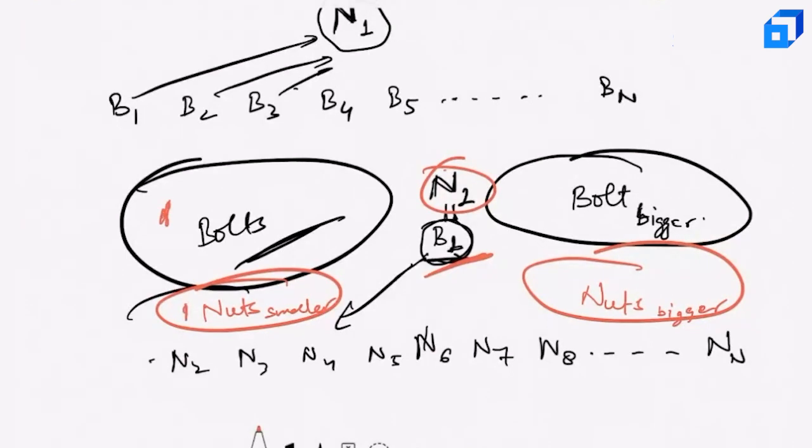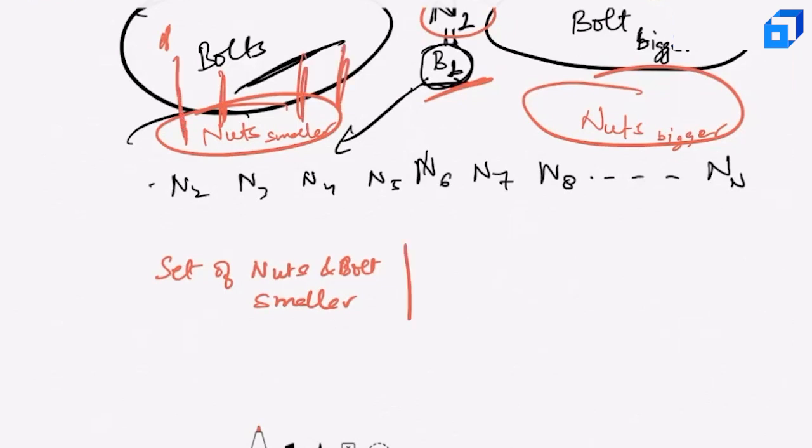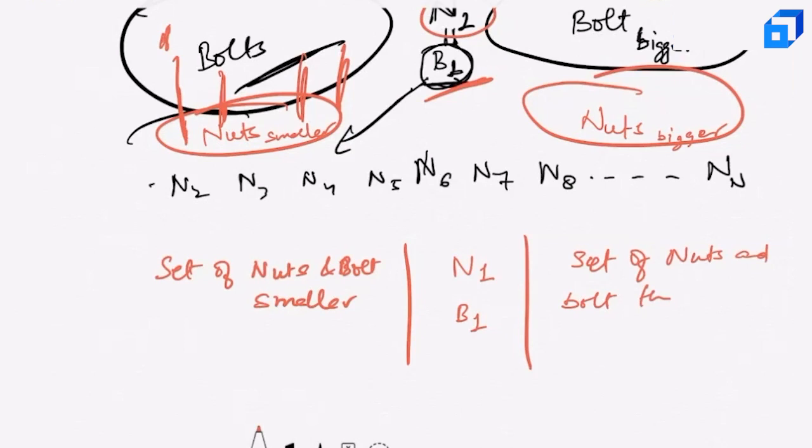Basically now I have three sets, right? I have a set of nuts and bolts which are smaller, and they are guaranteed to be present in pairs here. The same guarantee holds here. Then I have one pair which is N1, B1. And then I have a set of nuts and bolts that are bigger.